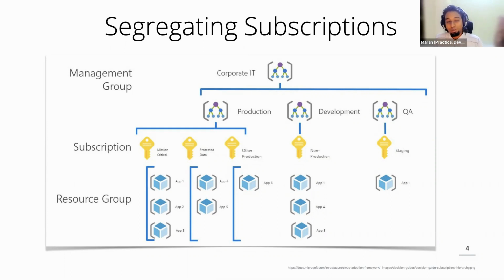But sometimes, depending on the size of your company, it also makes sense to segregate your subscriptions into mission critical or dev, test, and prod. Now, within those subscriptions, you're going to have different applications which are going to be present inside resource groups.